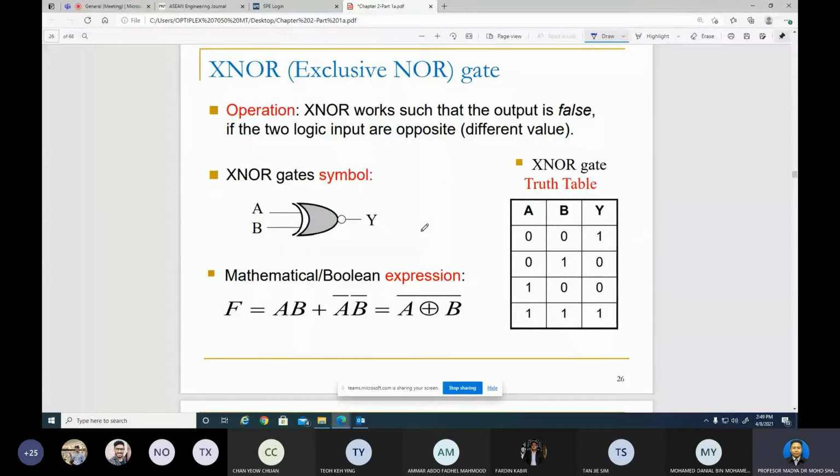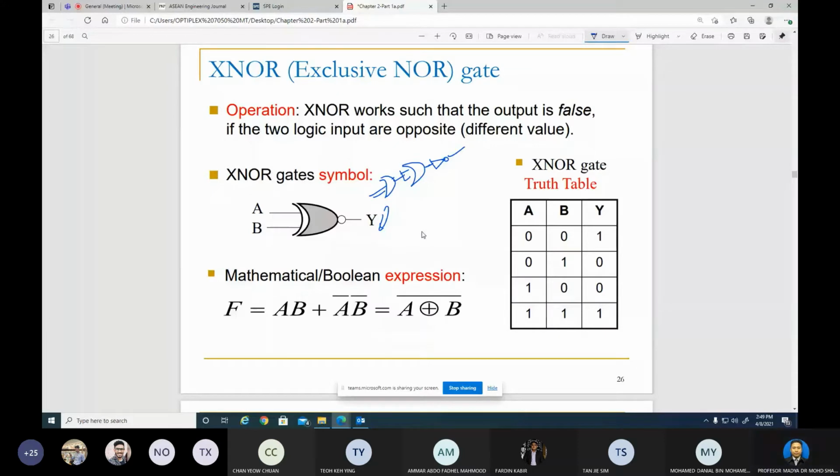Next we go to the exclusive NOR. This is a combination of three logic gates: we have two OR gates plus an AND gate, followed by an inverter.